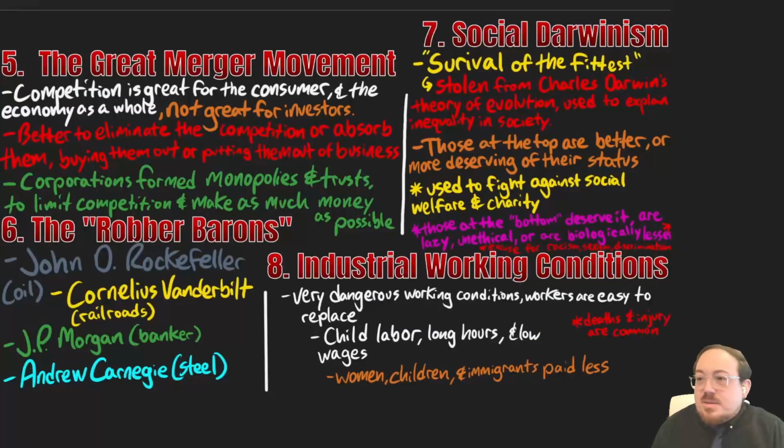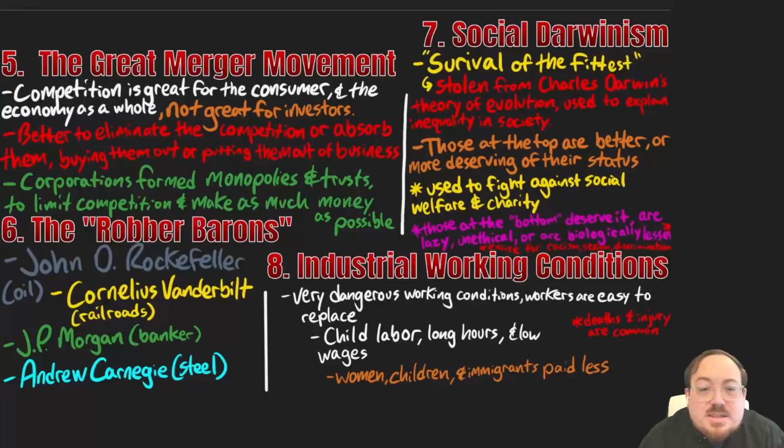And as I sort of mentioned with laissez faire before, you have what's known as the Great Merger Movement, which is our next term. These companies realized fairly early on that if there's another company that's producing the exact same thing as me, instead of just trying to outcompete them and constantly produce a cheaper and newer product, it's just better off if I just buy that company or force them out of business so that I am the only business in this industry.